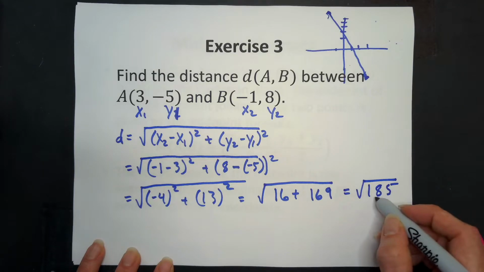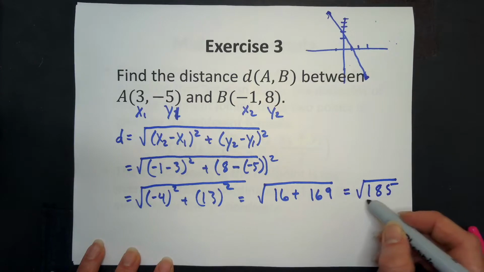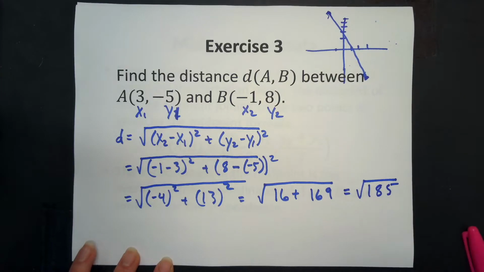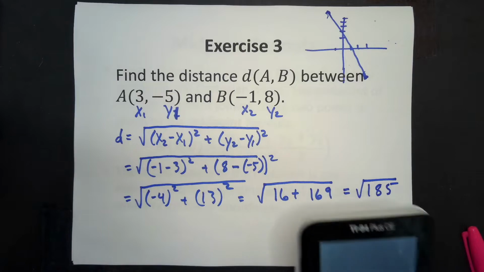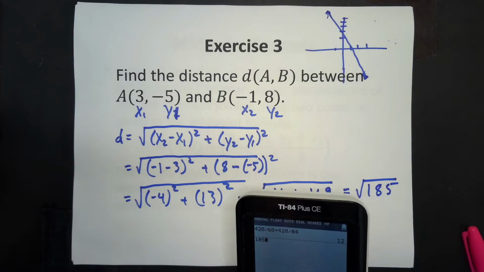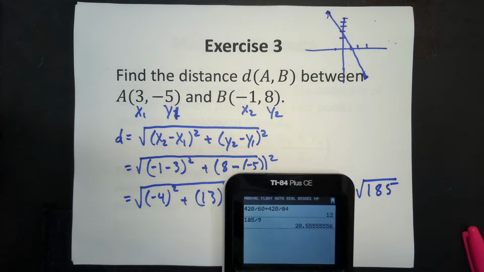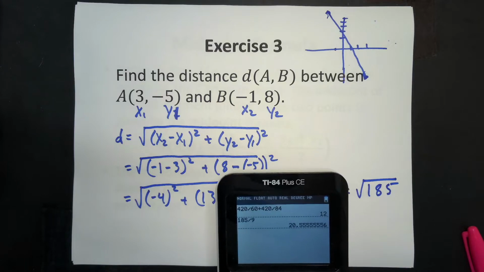We want to make sure there are no perfect squares in there. It's not divisible by 3. It's not divisible by 9, because if I add up all the digits, it should be divisible by 9. You can always check real quick, 185 divided by 9. Nope. Is it divisible by 25? That would be the next one.